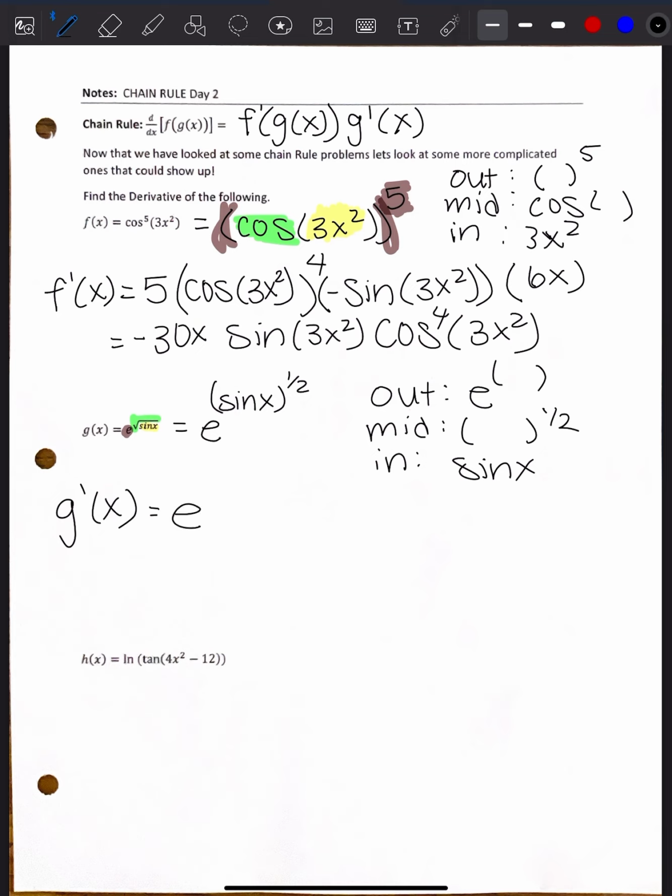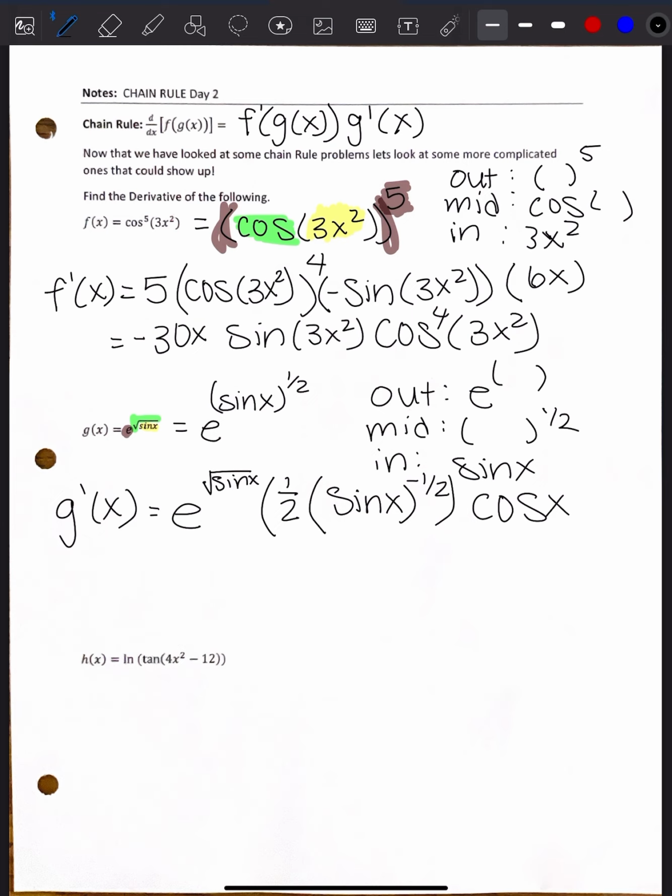So e to the power of the square root of sine of x. Then we multiply it by the derivative of our middle function, so the derivative of the 1/2 power, so 1/2 times our inside function sine. We take 1 away from 1/2 to get negative 1/2. And we take the derivative of sine of x, which happens to be cosine of x.